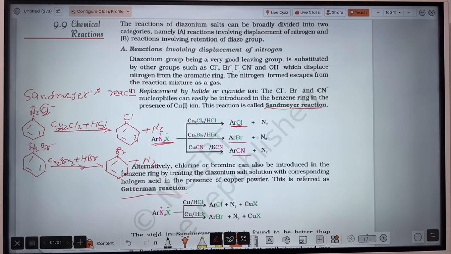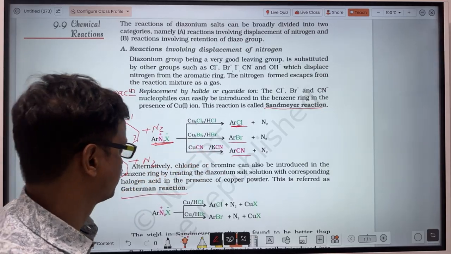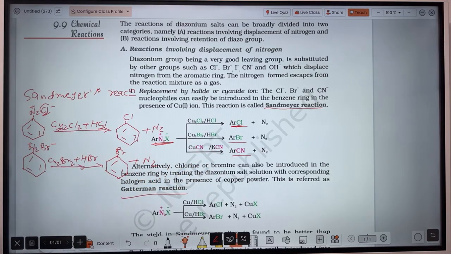It is Sandmeyer's reaction. Here, to prepare benzonitrile, you take CuCN or KCN. That is also a Sandmeyer reaction.